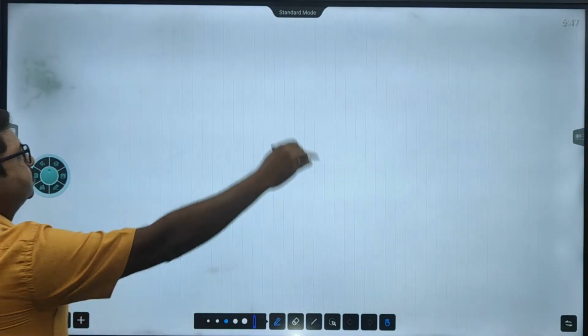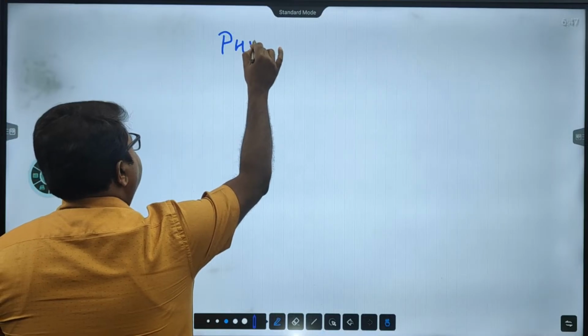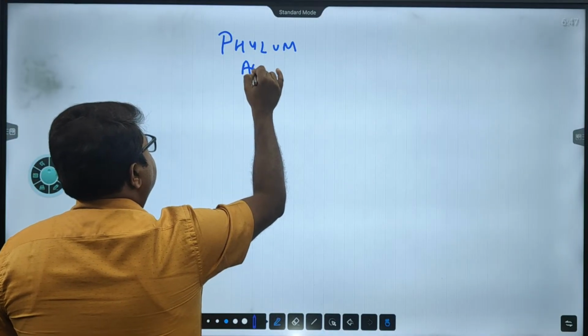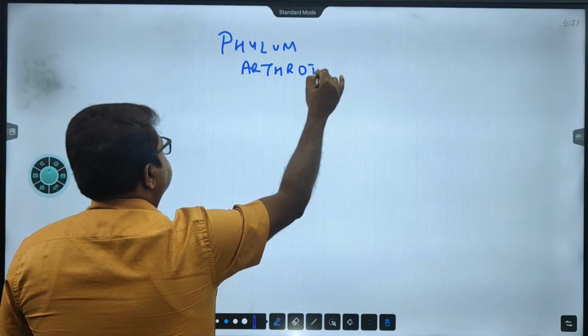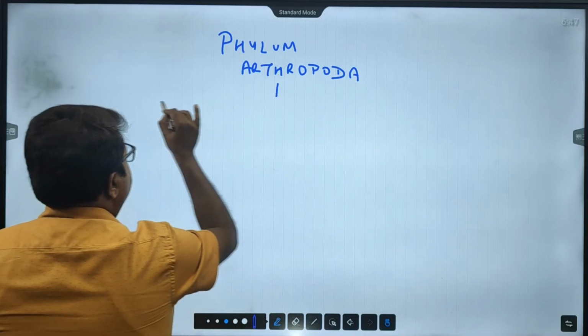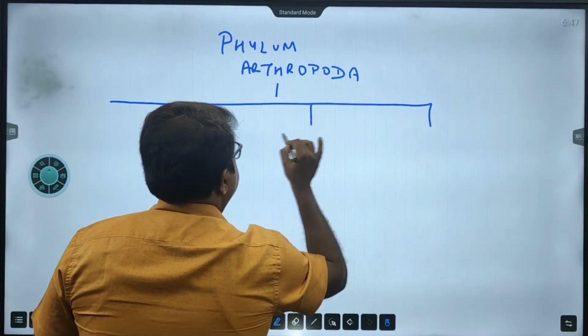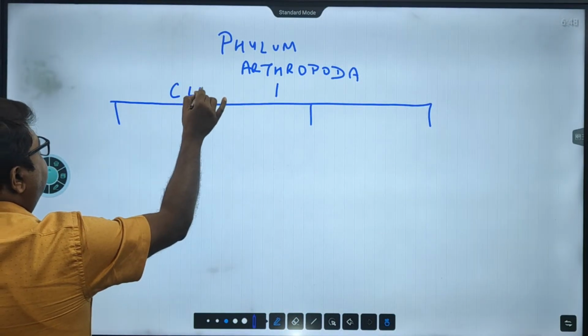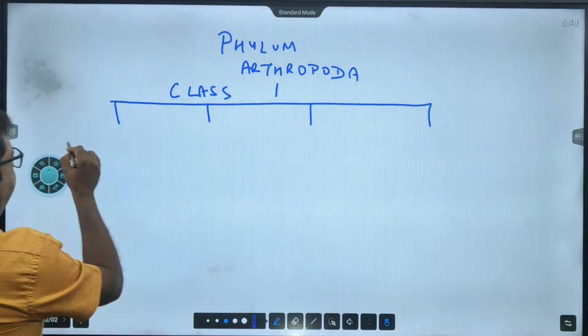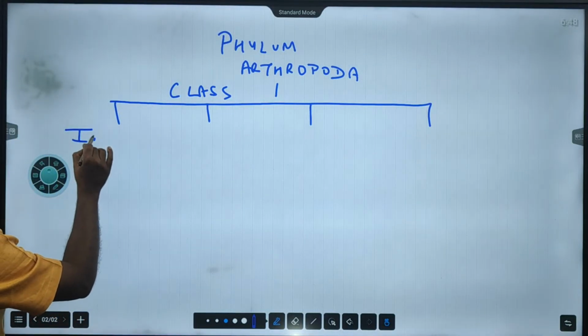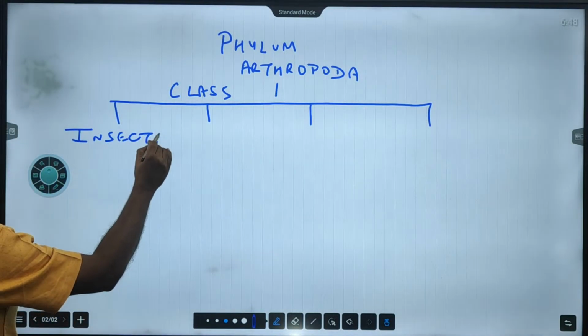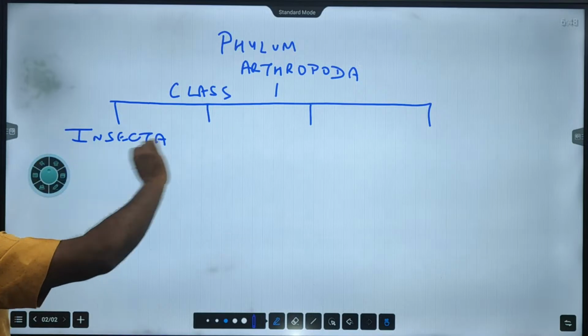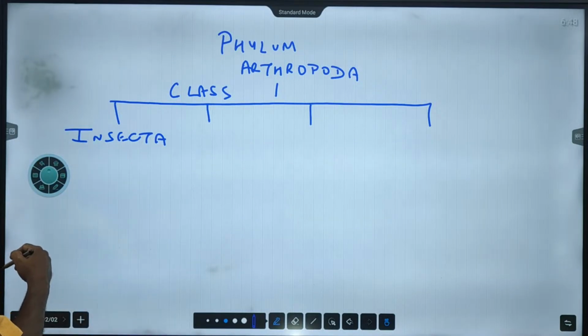Now, let us first classify phylum Arthropoda. We can classify phylum Arthropoda into 4 classes. Number 1 is class Insecta. Though it is the largest, we are dealing with just 4 classes. There is a huge number of classes present.